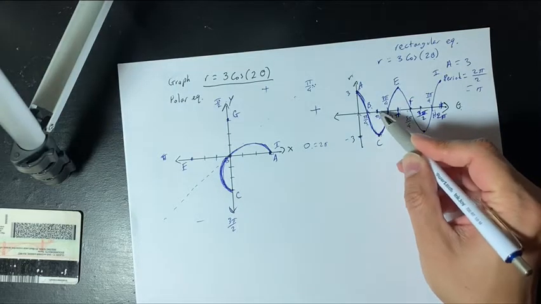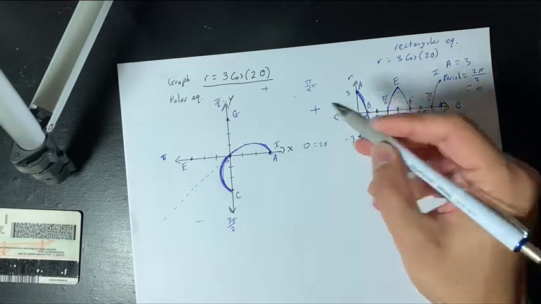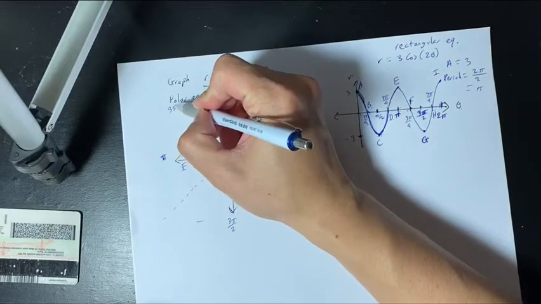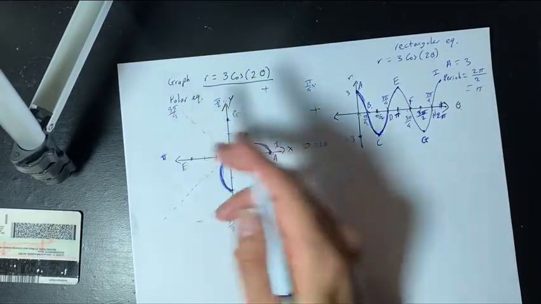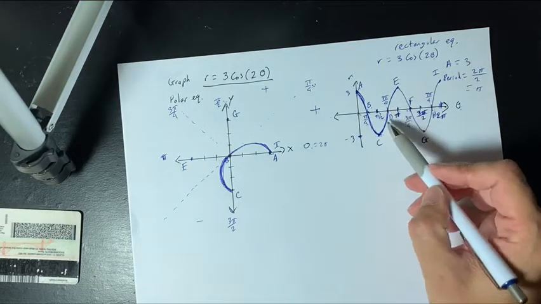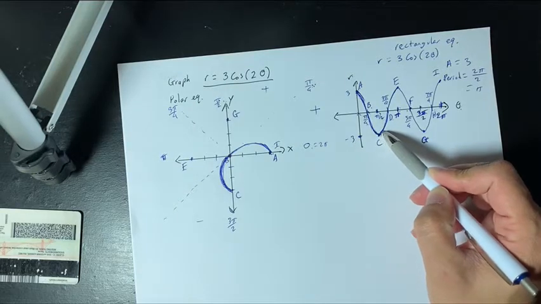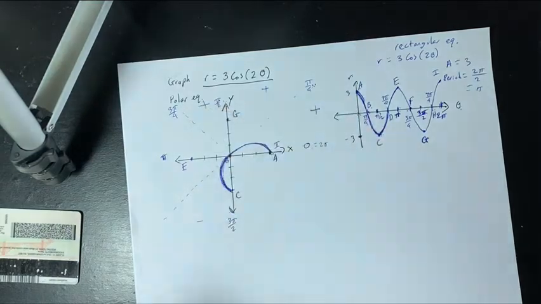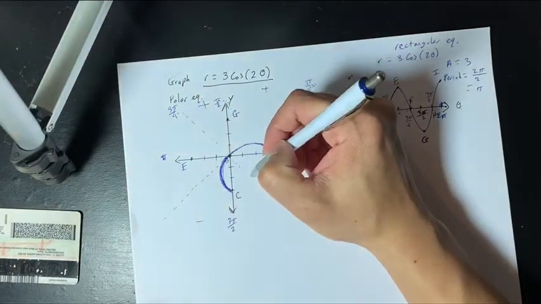From C, you're at pi half. D is at 3 pi over 4. So here's 3 pi over 4. To increase the angle from pi half to 3 pi over 4, your radius starts at -3, but it will get less negative and it will go towards 0. So here's the positive r from pi half to 3 pi over 4.